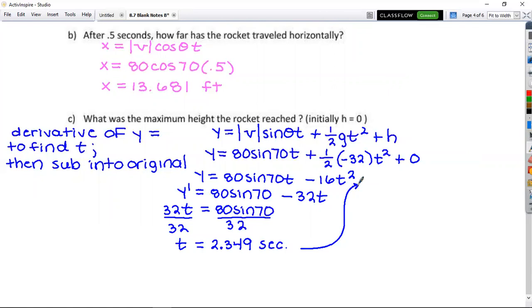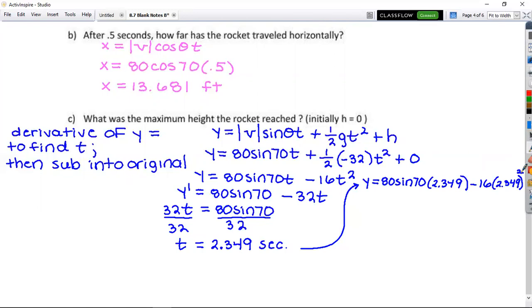So I am going to go y is equal to, write a little bit small, 80 sine 70 times 2.349 minus 16 times 2.349 squared. I'm sorry, I am out of horizontal space here. Okay, and then that's your last part there.